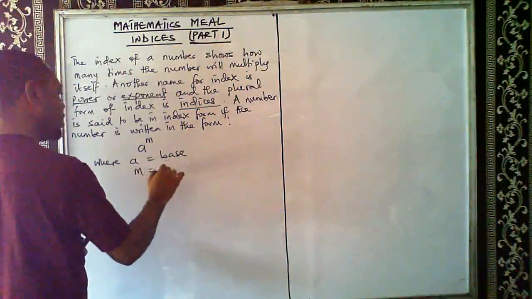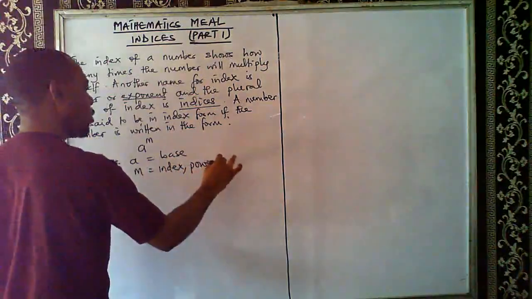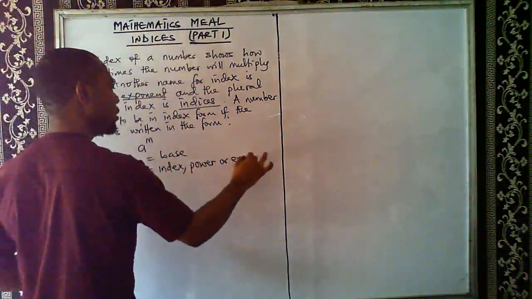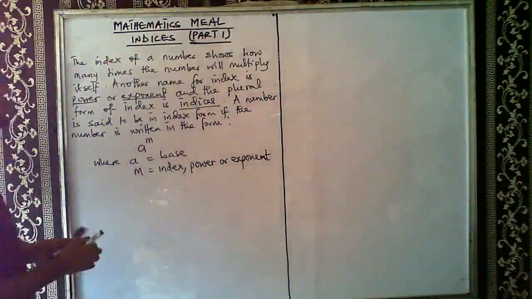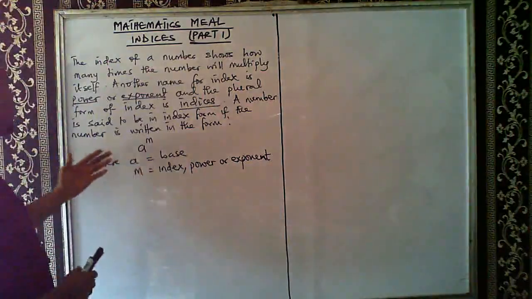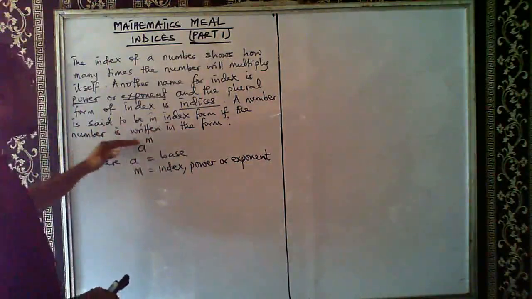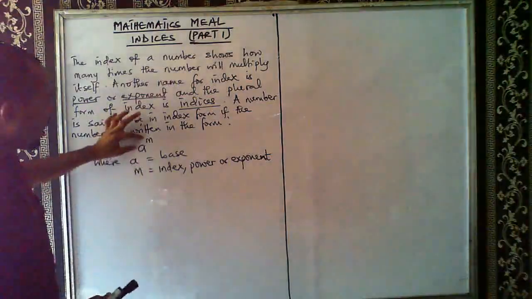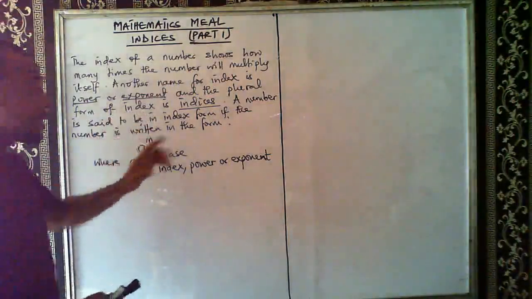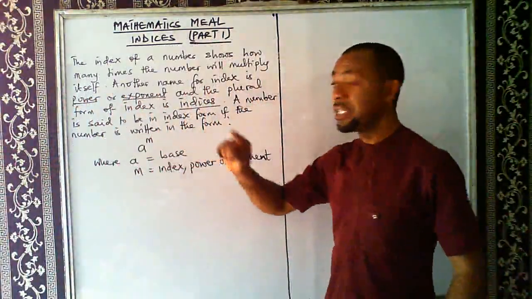Index, power, or exponent. A number is said to be in index form if the number is written in this form, a to the power m. So once we have a number written like this, that number is in index form.